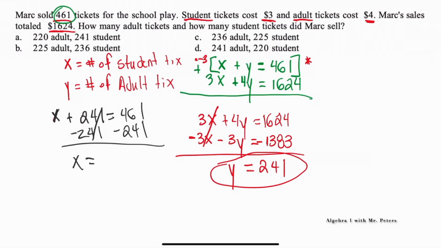And we know x is going to be equal to 220. So now when we look at our answer choices, we should know that the answer choice is going to be D. Please make sure you pay attention because there are times when students will go in and pick A, but what they did was they flipped it around, okay? So just please make sure you guys pay attention to that.